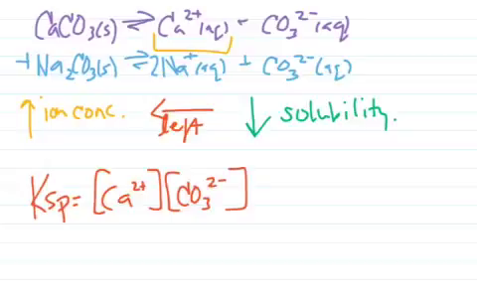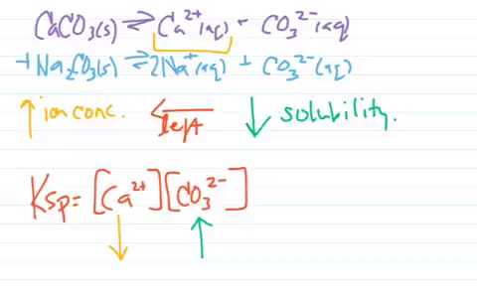So again, we increased the carbonate and we decreased the calcium for us to reestablish equilibrium. So just always remember, if one ion goes up, the other one has to go down. But we are focusing on the carbonate. Why? Because we added more of the carbonate to it.